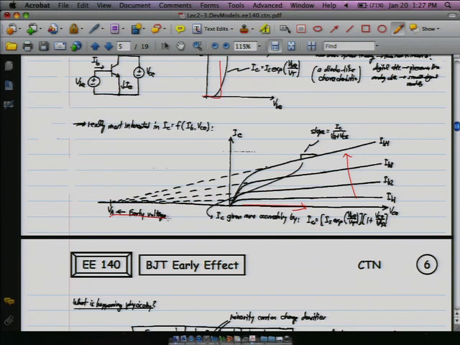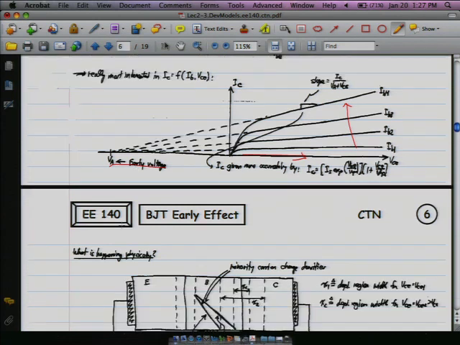This is sometimes confusing for people because it's not a real voltage. There is no voltage anywhere in the circuit that is out here at negative 50 or negative 100 or negative 1,000 volts. This is basically just an artifact of the fact that we can extrapolate these out. And the person who found this 60 years ago was named Early, so he happened to win.